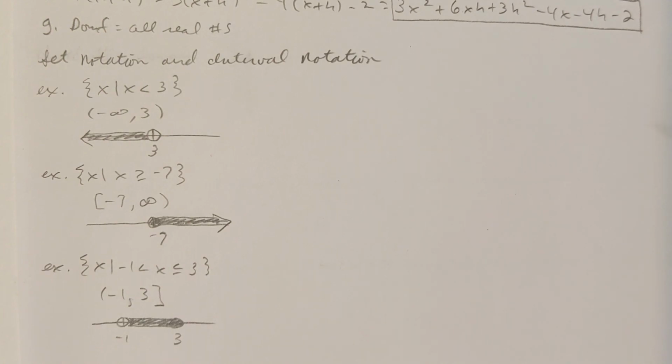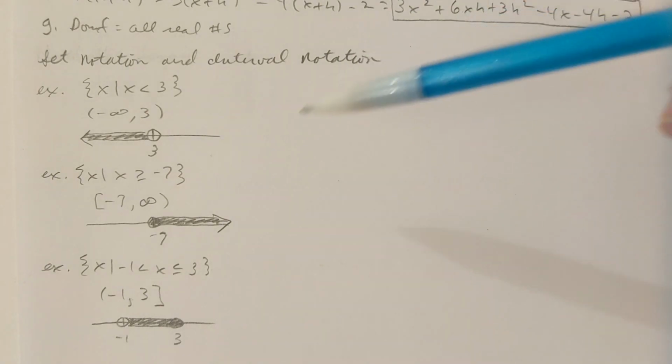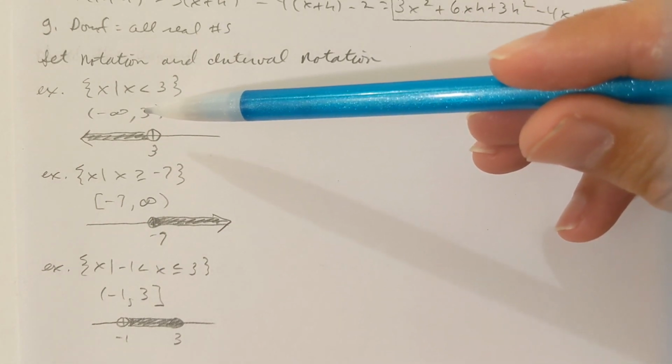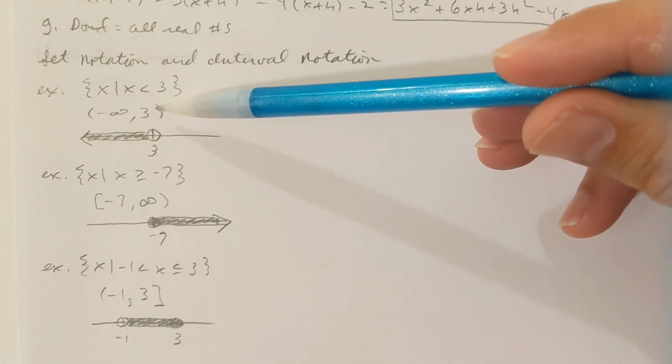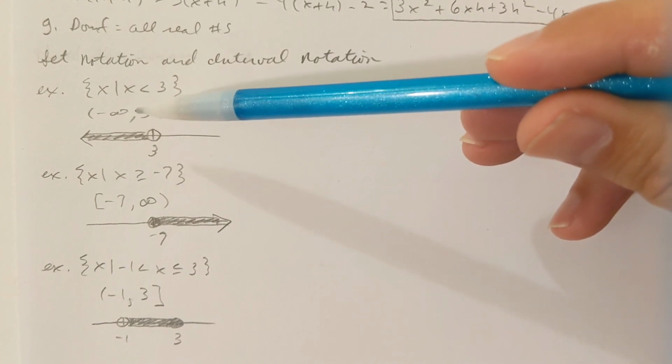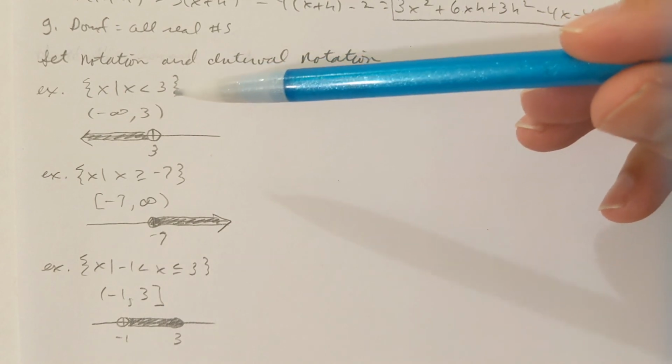I'm describing all the x values that are less than 3. As an interval, I'd be describing anywhere that is negative infinity to 3 in that order, and I'd want parentheses at both ends.